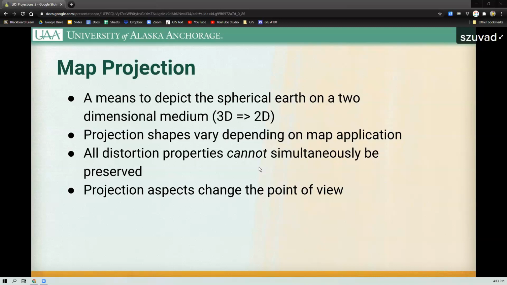If we're talking about a planar projection, you can perceive it from the center of the Earth, from a point on the opposite side of the Earth, or from some point out in space where you are an alien in a far-off galaxy viewing the Earth. What does that Earth look like to you if you represented it on a flat piece of paper? So there's trade-offs for each of those.